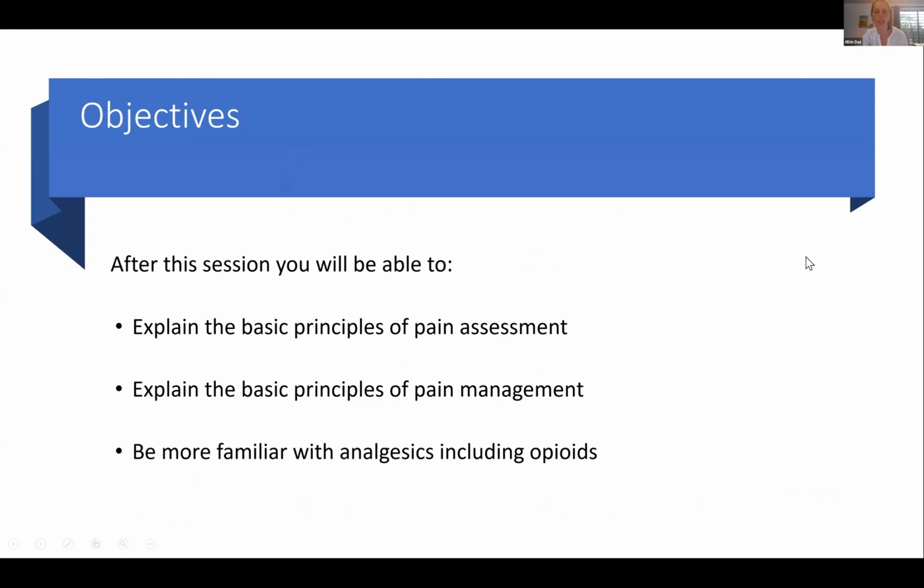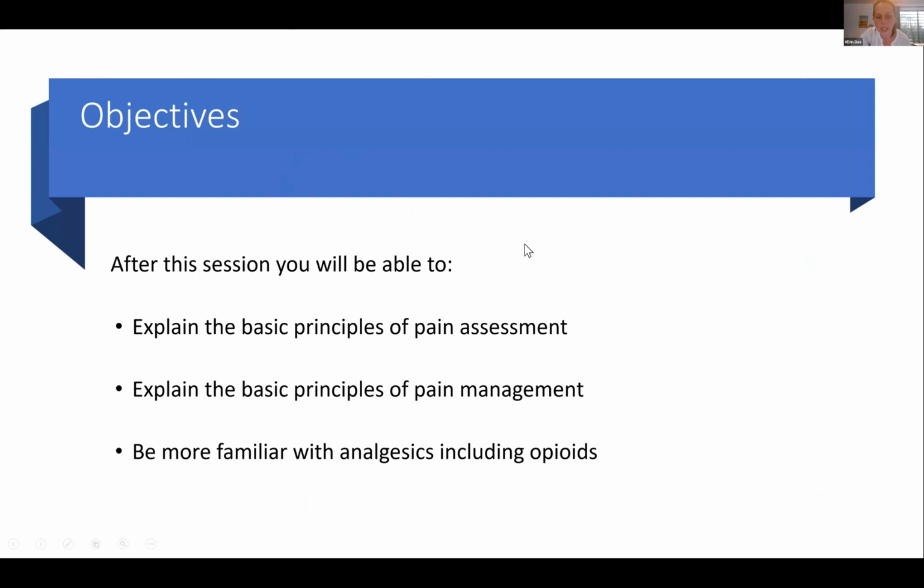Okay, so I'll let Dr. Nafula just get organized and set up, but our objectives for today will be that you will be able to explain the basic principles of pain assessment. So first we need to assess our patients and their pain, and then we will be talking about the basic principles of pain management.